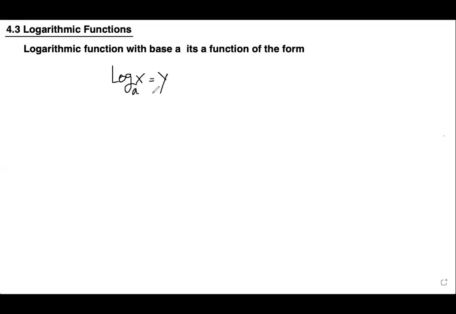Very nice, Ashley, this is correct. It's the inverse of the exponential function. So logarithm x to the base A equals y.